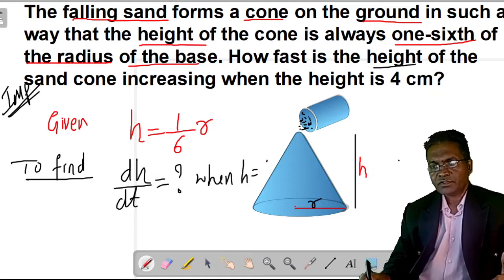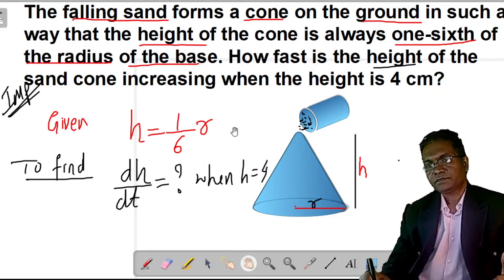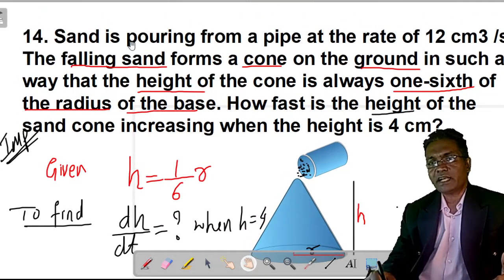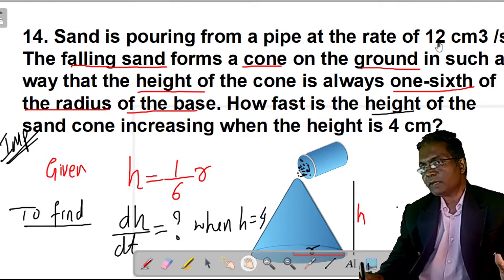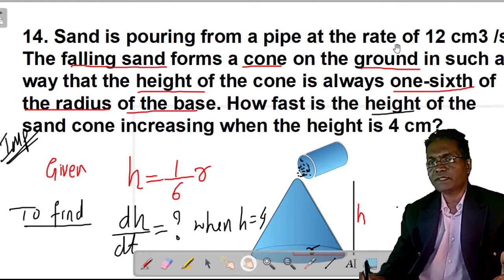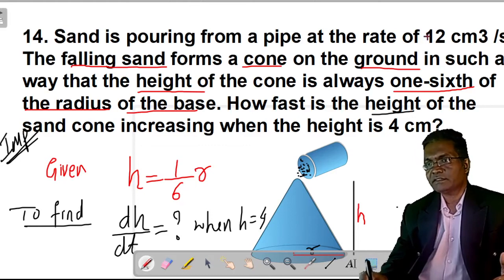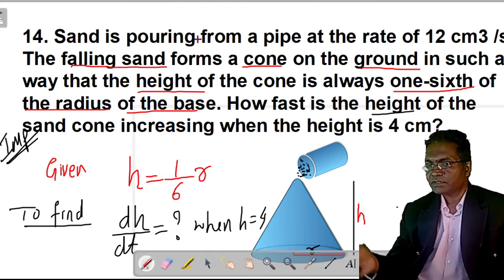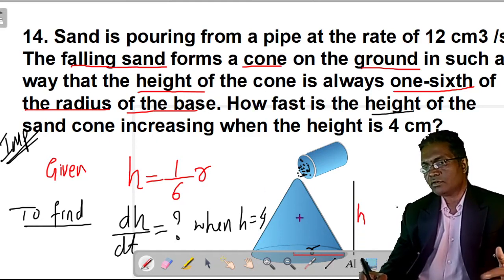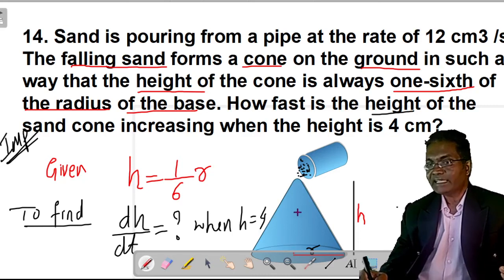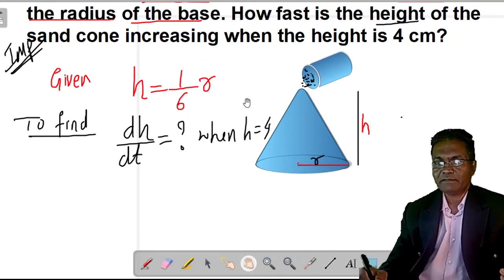Also you are given that sand is pouring from a pipe at the rate of 12 centimeter cube per second, meaning the volume of this sand cone is increasing.